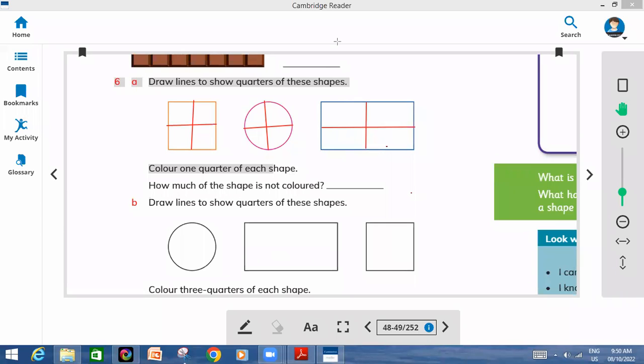Color 1/4 of each. So what we have to do, we have to just color. I'm trying to color one portion of each.